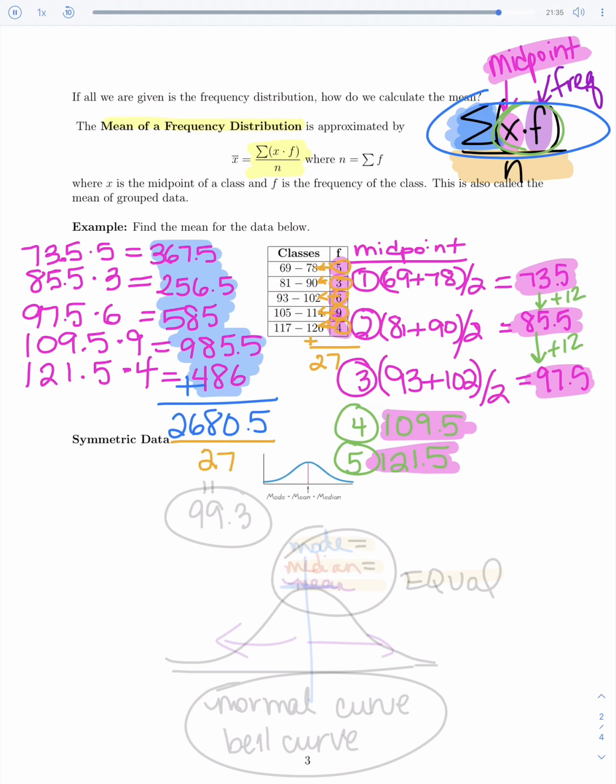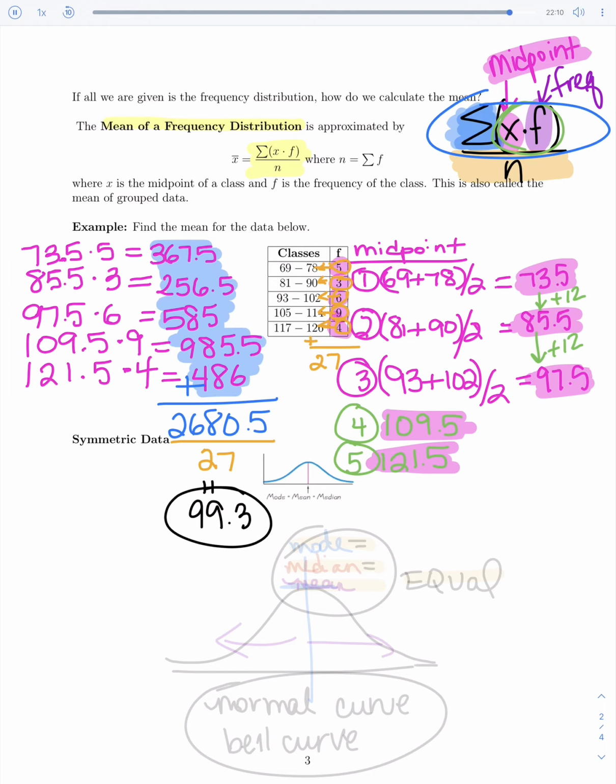So I'm going to be dividing by 27. So I've got the 2680.5 divided by 27, which gives me a value of exactly 99.3. That is my mean. That's a lot of work, but it's definitely doable. And that's my final answer on how to find the mean of a frequency distribution. It's not pretty, but there it is.